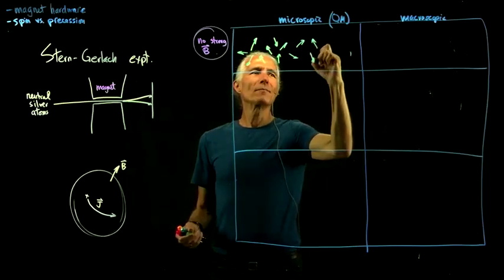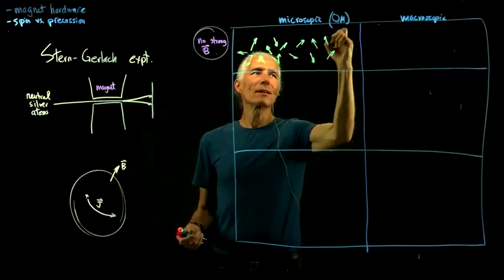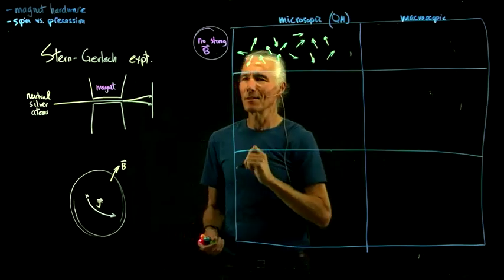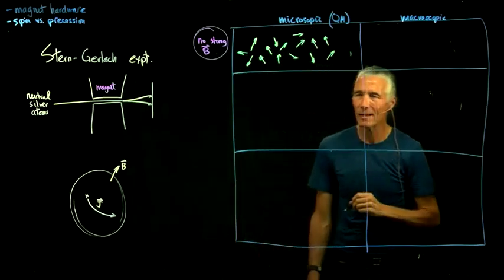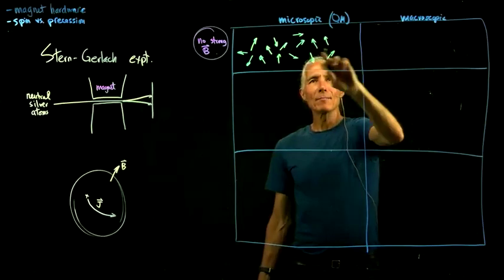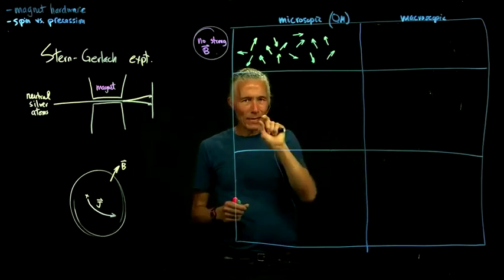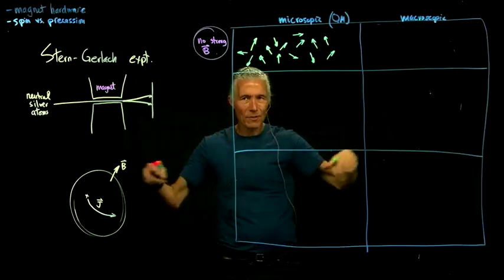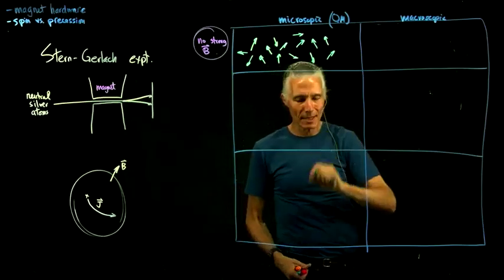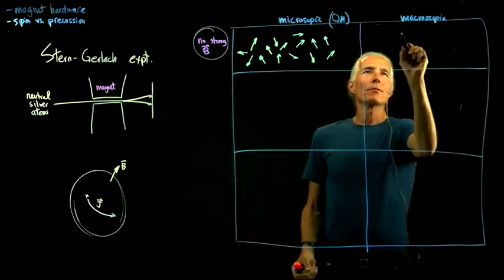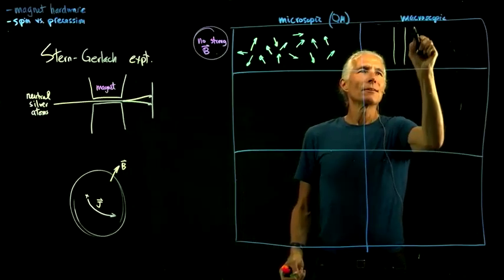If they were all pointing in the same direction, you'd have a really strong magnet, but they're all pointing in random directions, so they cancel each other out. Imagine each little magnet pointing in different directions throughout this 3D volume, add them all up tip to tail. What do you end up with? You end up with 0.